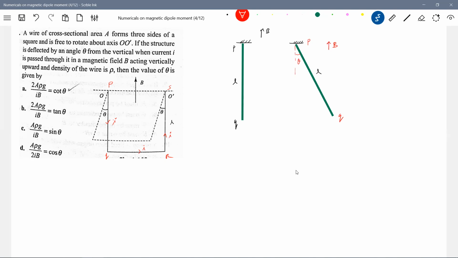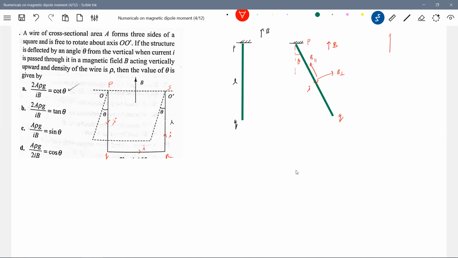Okay, look at the current I now. The current I will be in this direction. B bar, there's a current. So the force will be acting out of the plane of paper. Or you resolve B bar perpendicular to the rod and parallel to the length of the rod. If you resolve this, one component will be B perpendicular, the other component will be B parallel.